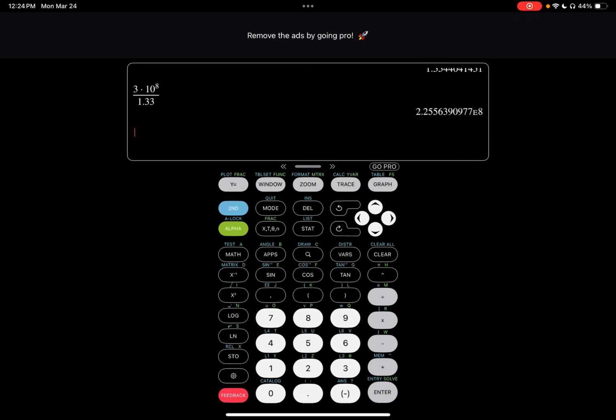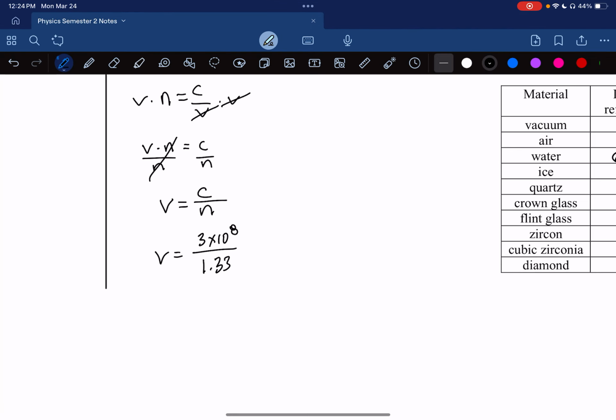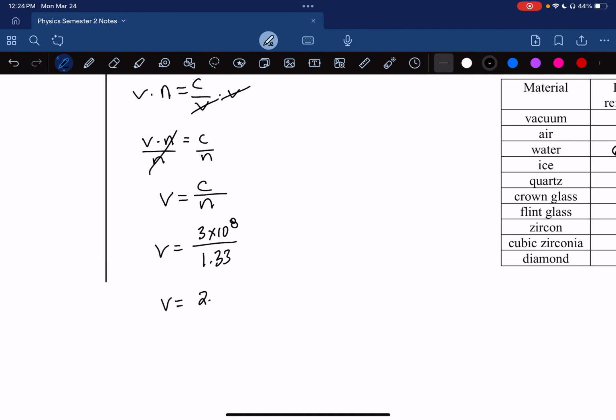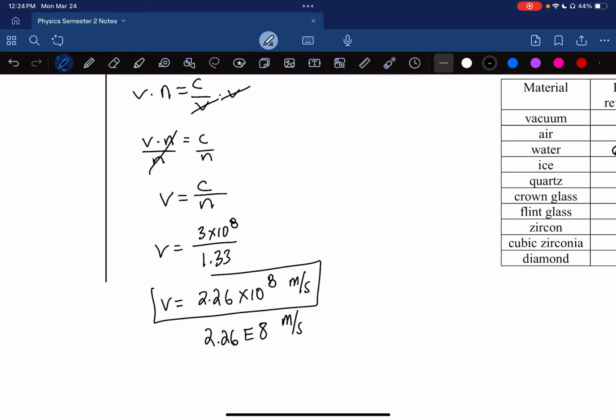E8 means times 10 to the 8. It's showing us just the exponent. This is scientific notation. So let's say 2.26 times 10 to the 8, or if you wrote 2.26 E8, that also works. Meters per second. I think I like this notation. I'm going to try to get used to just writing it like this.